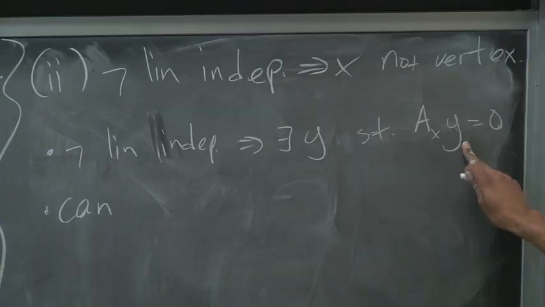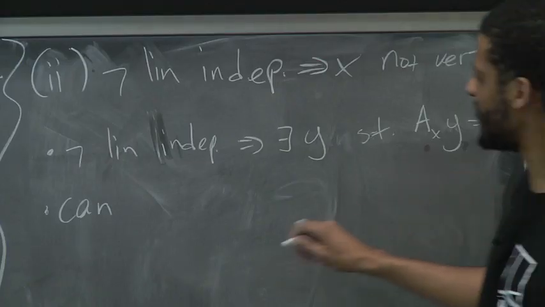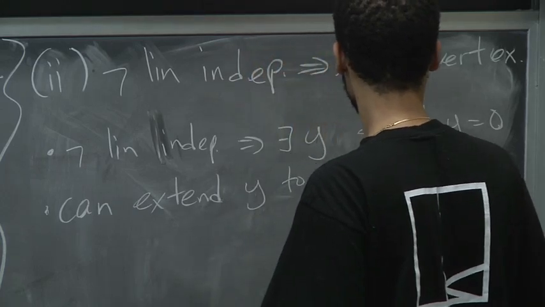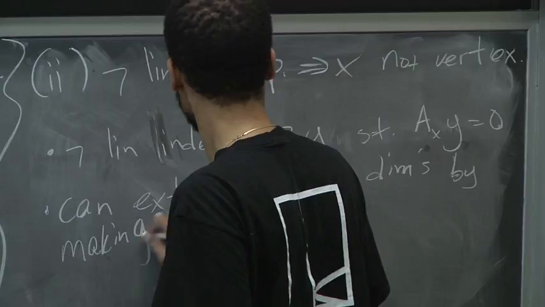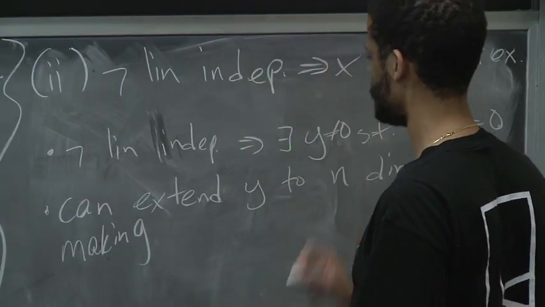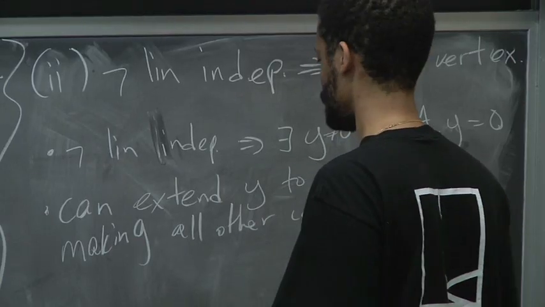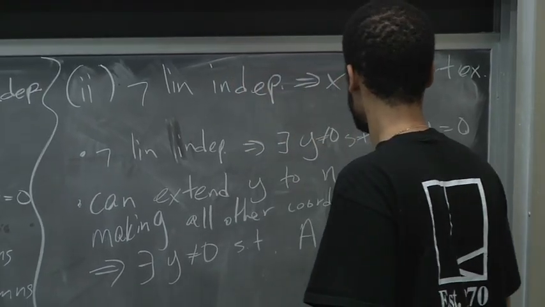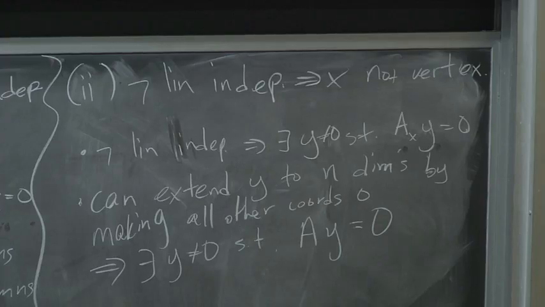So this y is not an n-dimensional vector. Its dimension is equal to the number of columns of A sub x. But we can extend y to n dimensions by making all other coordinates 0. Oh, and this y is not 0. This implies that there exists a y which is not equal to 0, such that Ay is equal to 0.